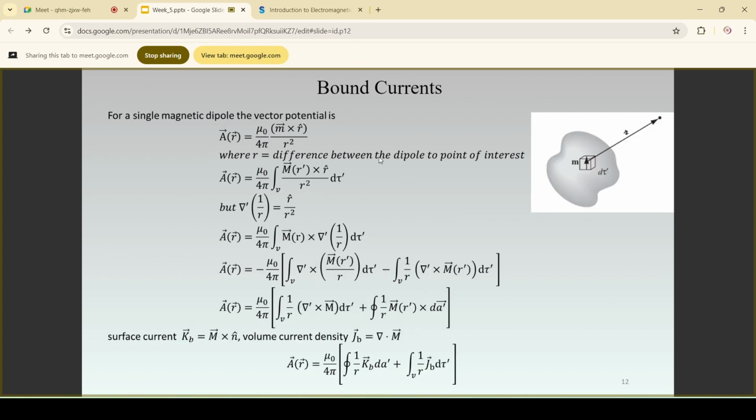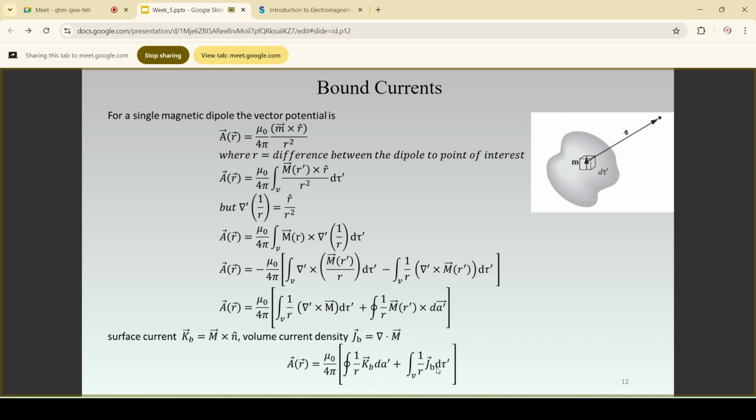Similarly, this vector potential due to a dipole can be written like this, and then again, let's say there is some applied magnetic field or nothing. Even then, this vector potential of a magnetic dipole that has a magnetization M will show you a bound surface current density and a bound volume current density.